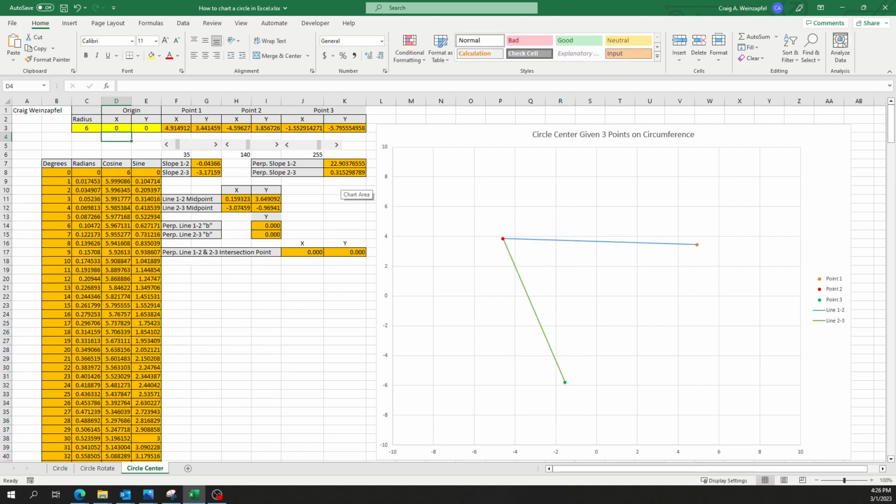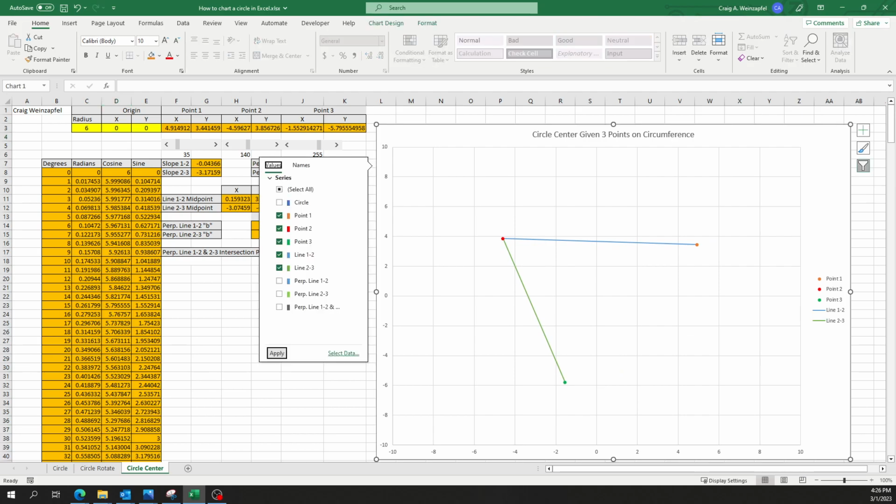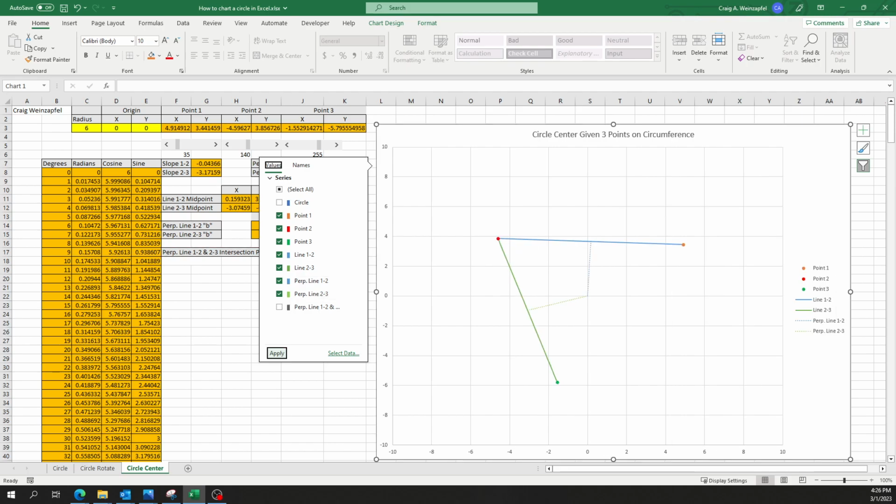So I'll turn on some more points to make it a little easier to see this. We'll calculate a perpendicular line, point 1 for line 1, 2, and perpendicular line 2, 3, and their intersection point. I'm only plotting from the midpoint of the line that I calculated to the intersection point of the two lines.